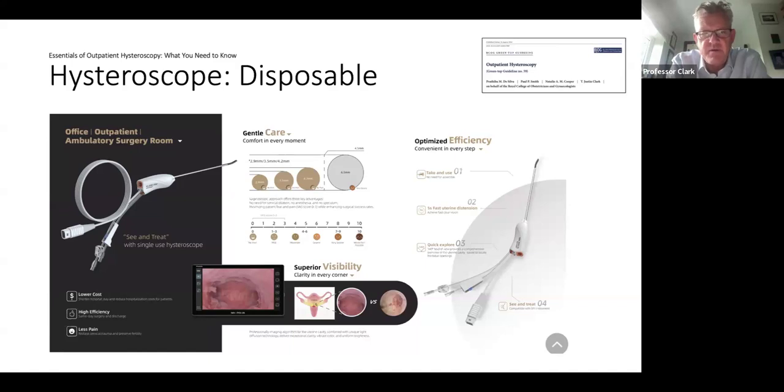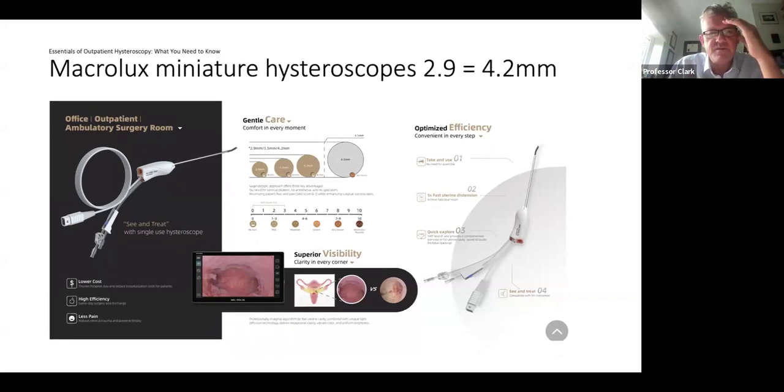But they are very simple, very easy to use, very lightweight, and give fantastic views and give you a range of options, from smaller diameter to larger diameter scopes, which allow both diagnostic procedures with directed biopsies and operative procedures, like, for example, removing coils or removing polyps or dividing adhesions, septae, etc., or dealing with small fibroids.